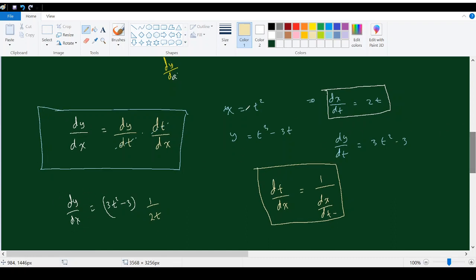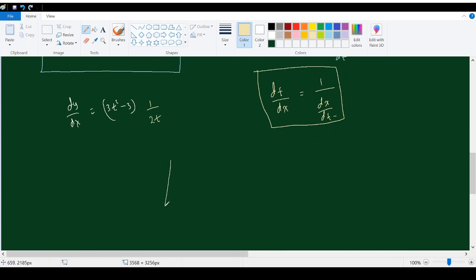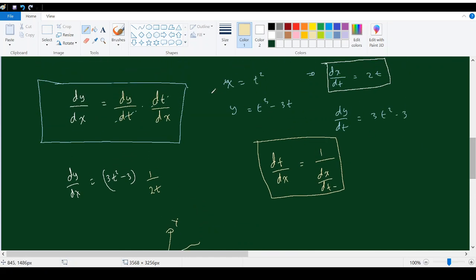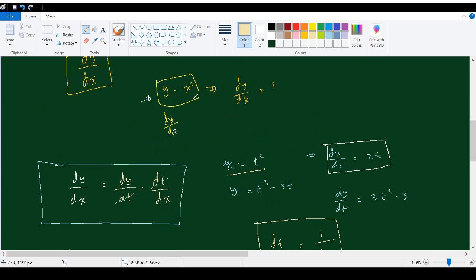The main reason for using all these rules is that this plot itself takes the relationship between x and y, but x is represented separately with the help of a third variable, and y is expressed separately. There is no direct relationship between x and y, because if there were, we could directly compute this dy by dx term.